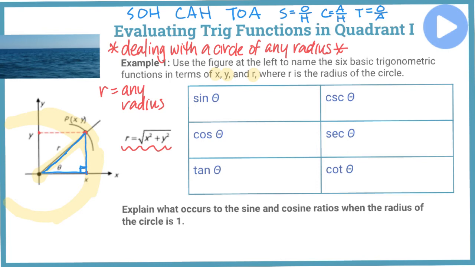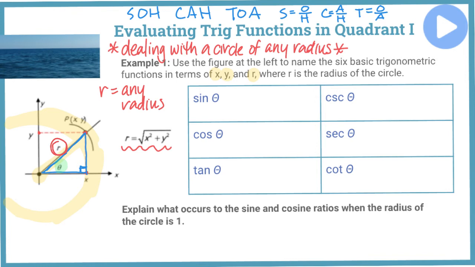So if we are looking for the sine of the angle theta, which is labeled here at this angle that I've highlighted in green, we know that sine is opposite over hypotenuse. Hypotenuse we are going to call r because that is the radius. For all of these, we're going to refer to the hypotenuse as r.